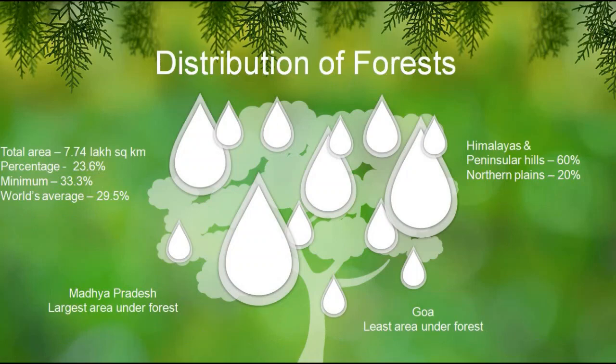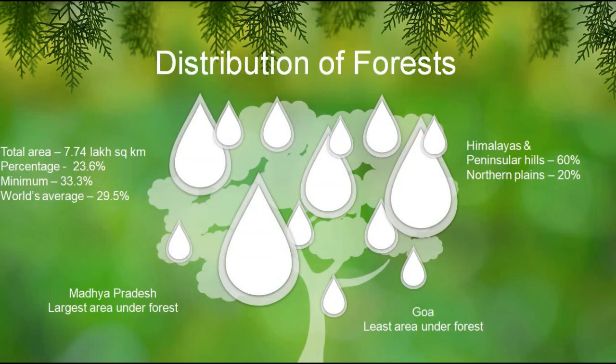Six types of forest we discussed. Now, distribution of forest. How is the forest distributed? See here, the total area of forest in India is 7.74 lakh square kilometers. The percentage of forest in the total area is 23.6%.